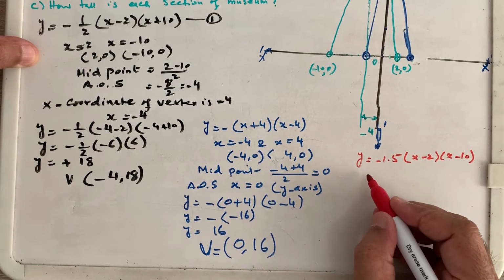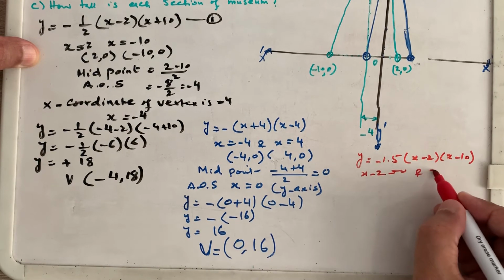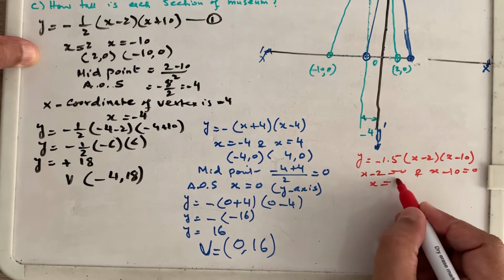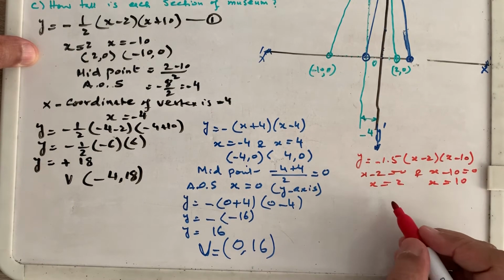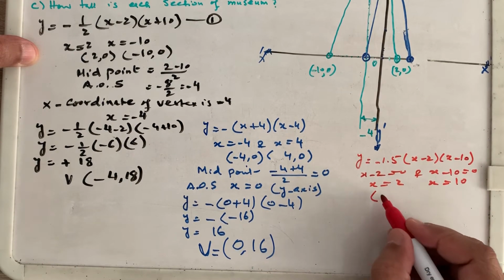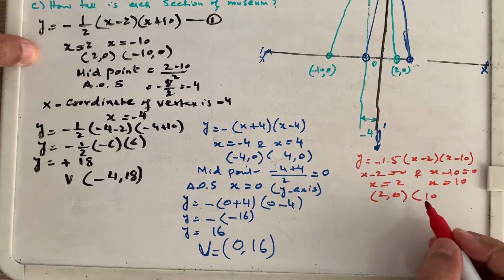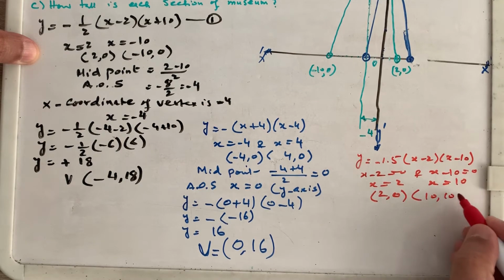The x-intercepts: x minus 2 equals 0 and x minus 10 equals 0. These are my two x-intercepts, so x equals 2 and x equals 10. How can I put it in ordered pairs? 2, 0 and 10, 0. These are my two x-intercepts.